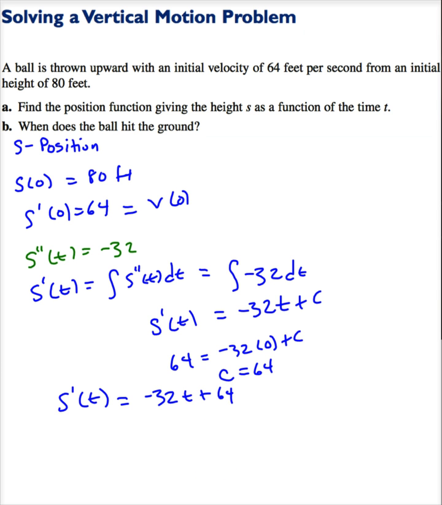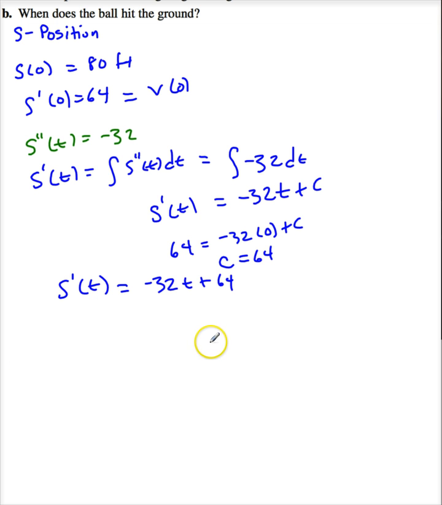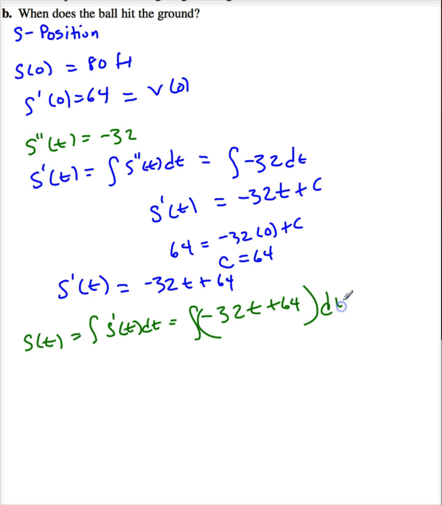But I'm not done, because I didn't ask for a velocity function, I asked for a position. Now I know that position is the integral of velocity. So the position function is the integral of negative 32t plus 64 dt. So when I integrate this, I get minus 16t squared plus 64t plus a constant.